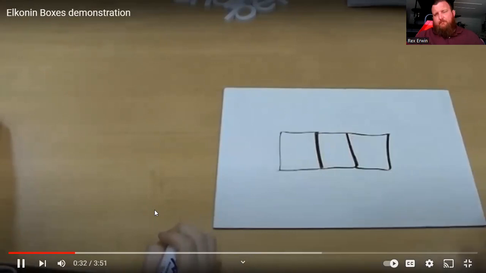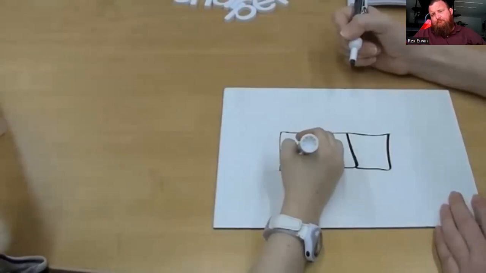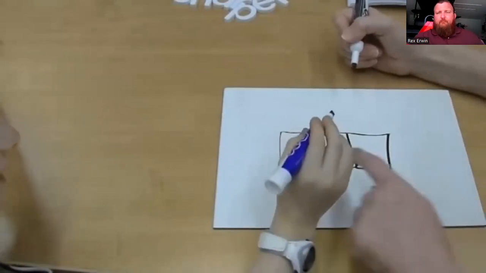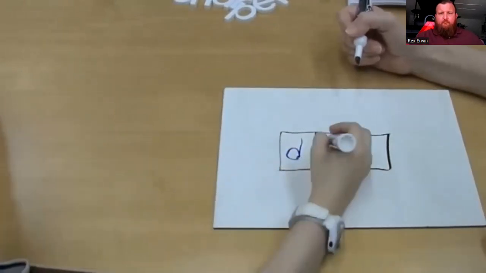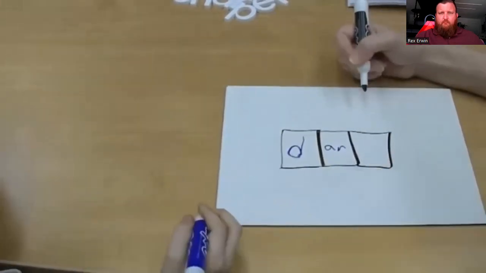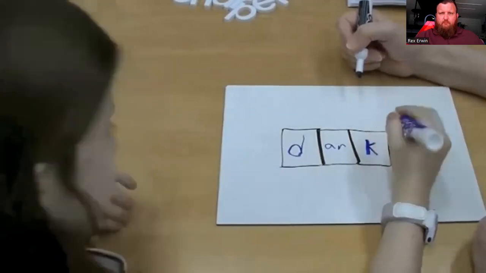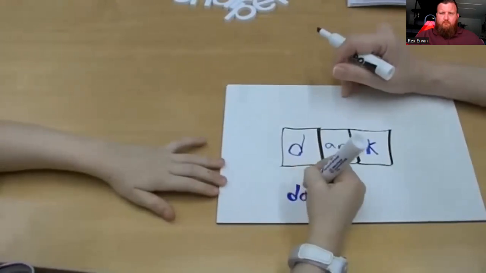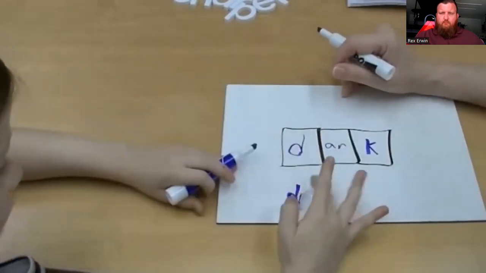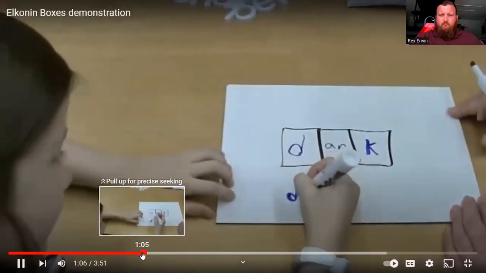What do you hear at the beginning of that? D. The D sound. Perfect. What do you hear next in ark? What 2 letters together say R? A, R. Good. And what do you hear at the end of dark? K. Good job. Can you write that underneath those boxes? Make it like a real word. That's fine. Okay. Dark.